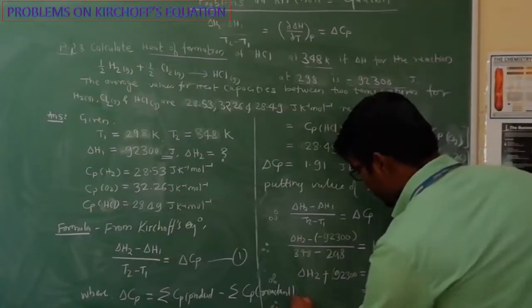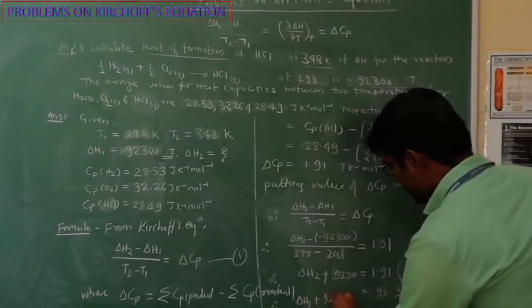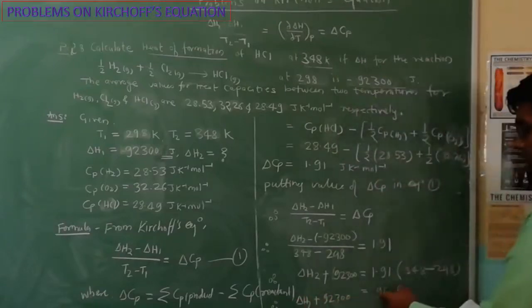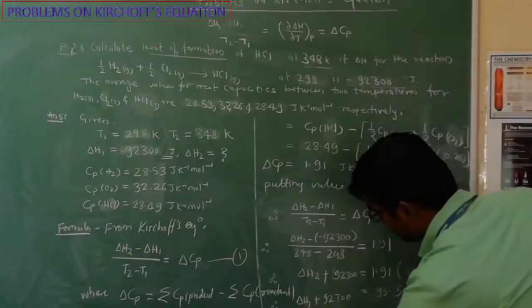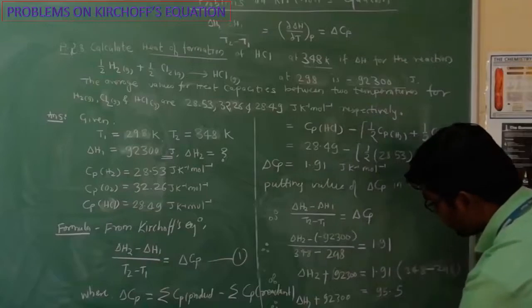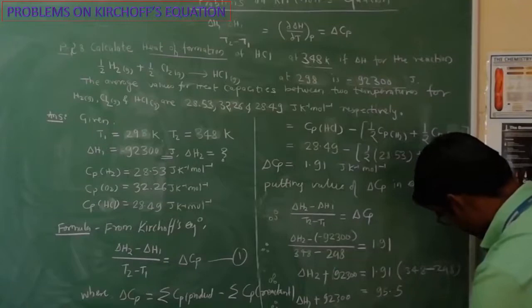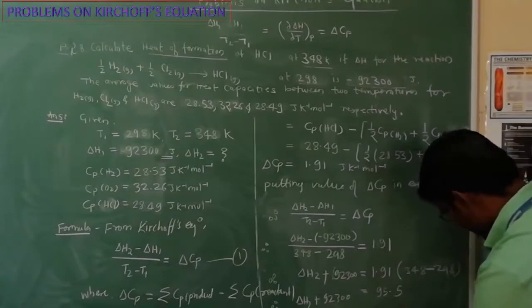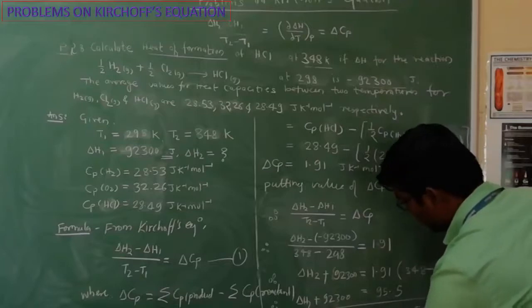Therefore, delta H2 plus 92,300 is equal to this. Take this 92,300 to the right hand side, so it will be minus, and the final value of delta H2 is equal to minus 92,204.5 joule. This is my final value.